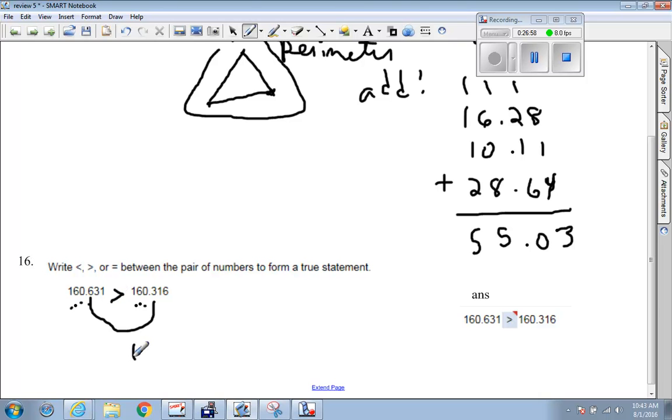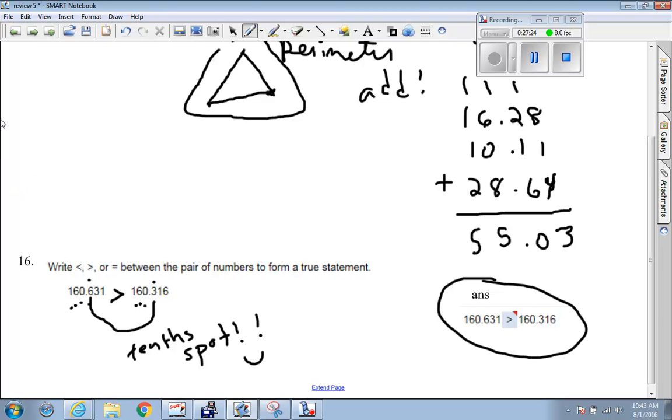Greater than. So as soon as they differ at the 10th spot, you know that 6 is larger than 3. And even if you think about money, $160 and let's say 63 cents is more than $160 and let's say 32 cents. You know what I mean? So you know it's bigger than. Just do a decimal by decimal comparison.